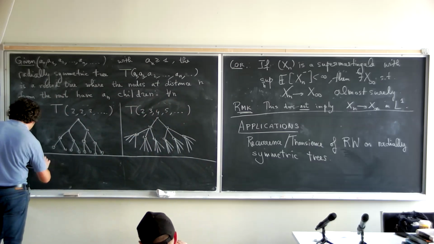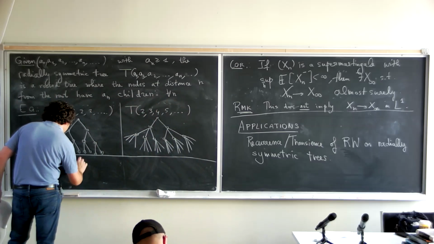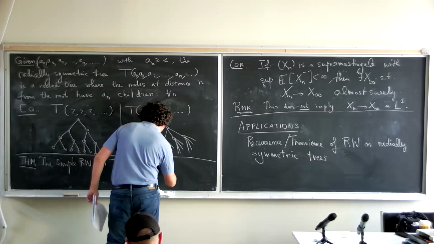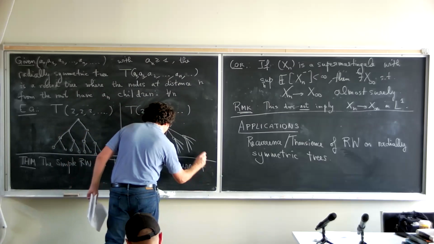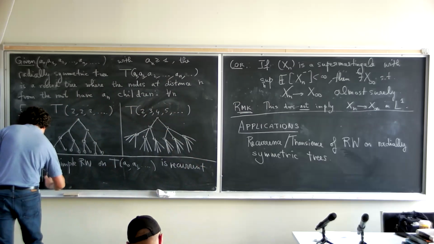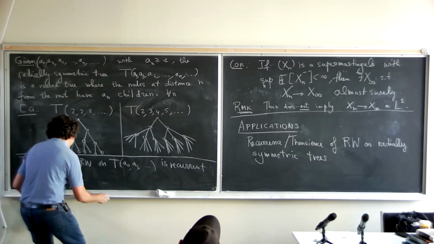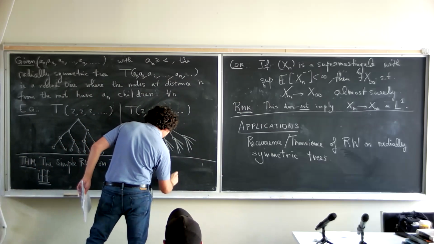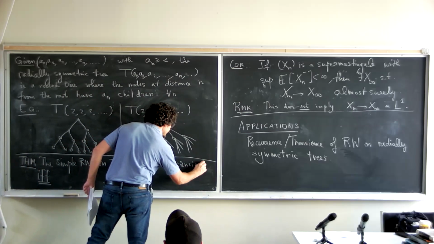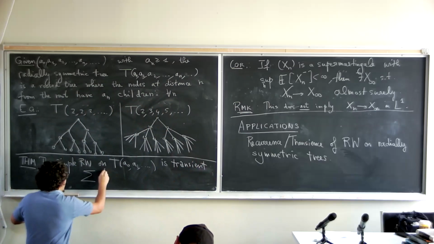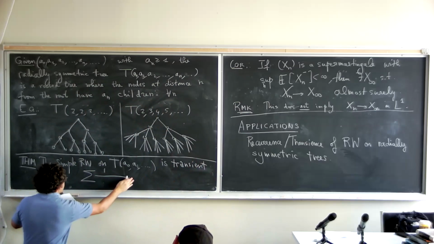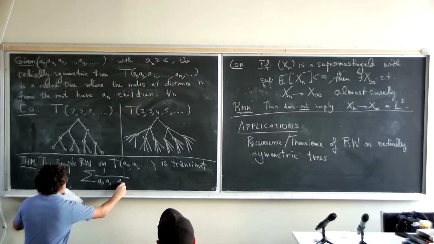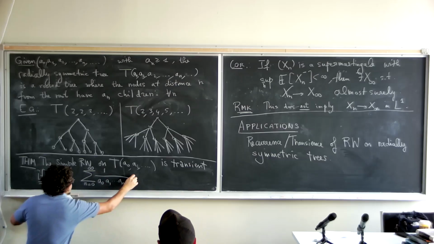The theorem is like this: the simple random walk on this T of A0, A1, and so on, is transient if and only if the sum of 1 over A0, A1, up to An, from n equals 0 to infinity, is finite.